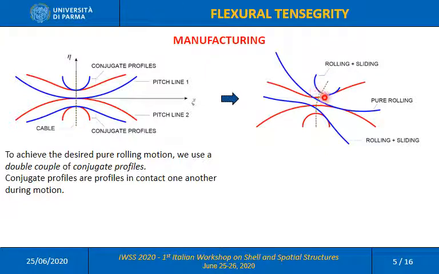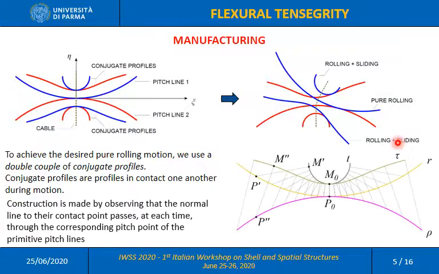As the segments are relatively rotated, the conjugate profiles roll and slide, and there is only one configuration for which the two profiles of each couple are contemporaneously in contact. This configuration corresponds to that achieved by the pure rolling along the pitch lines.